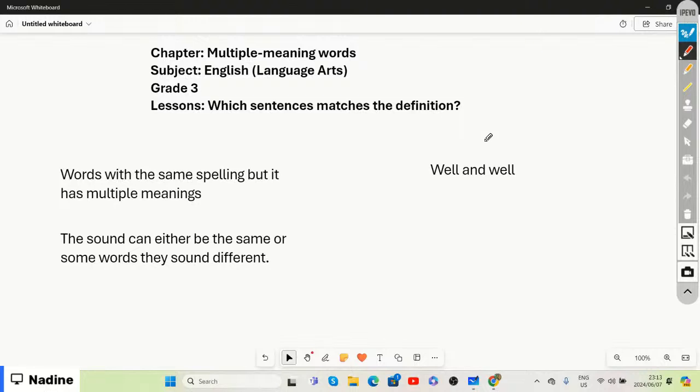I'm doing well, basically talking about how you feel. And then the second one is a well, which is basically a hole in the ground. So those are the two words, well and well. They are words with the same spelling, but with different meanings.